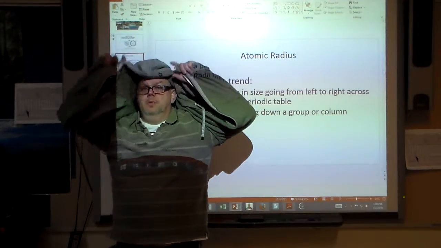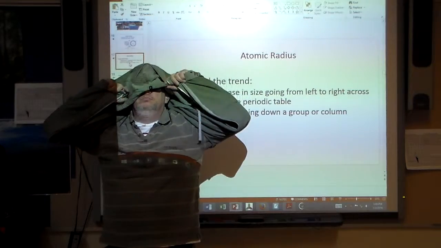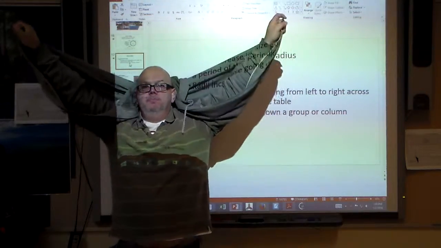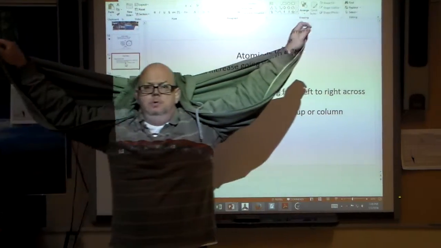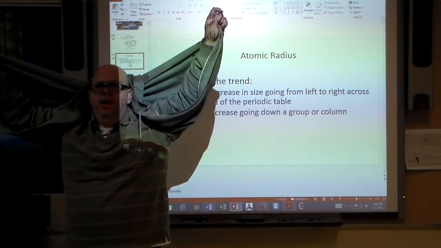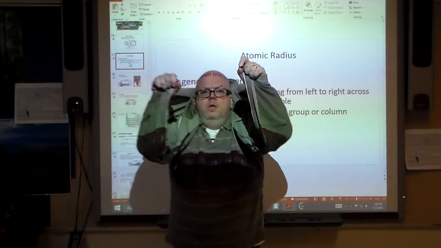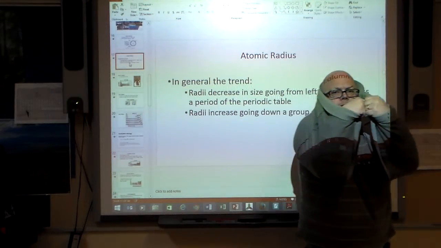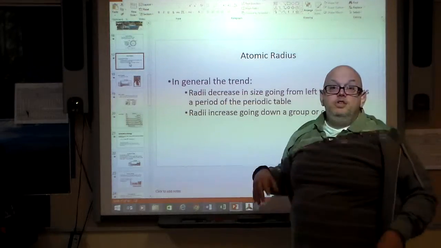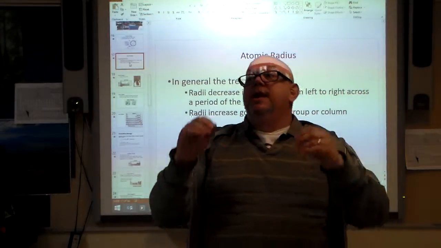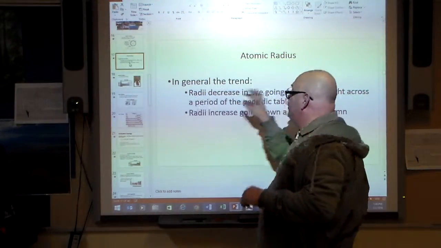Big radius. And then as I go across the row, I'm getting smaller and smaller and smaller. That is the trend. The atom is going to get smaller as we go from the left to the right.